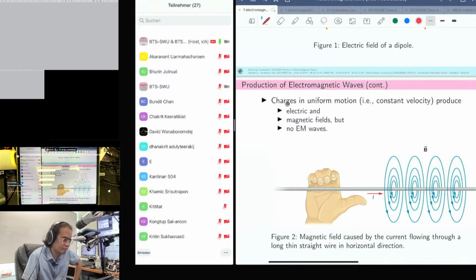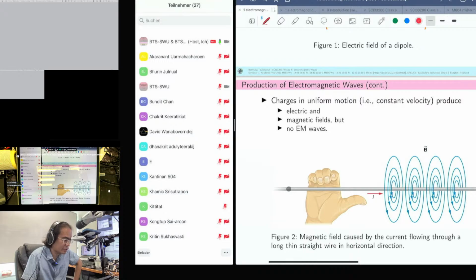At least you know that if we have a long straight copper wire like here, you may use the right hand. The thumb here will represent the direction of the current.